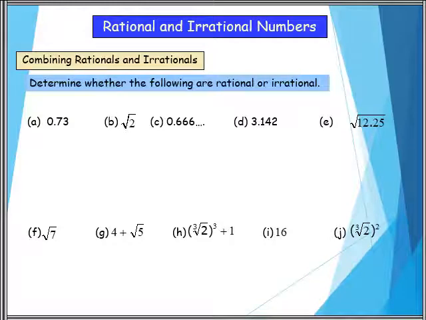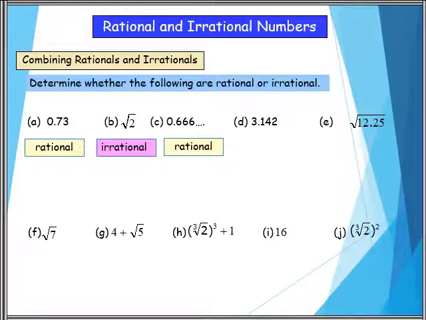Determine whether the following are rational or irrational. Letter A, 0.73. Yes, rational. B, root 2. Irrational. Letter C, 0.6666 and so on. Rational.